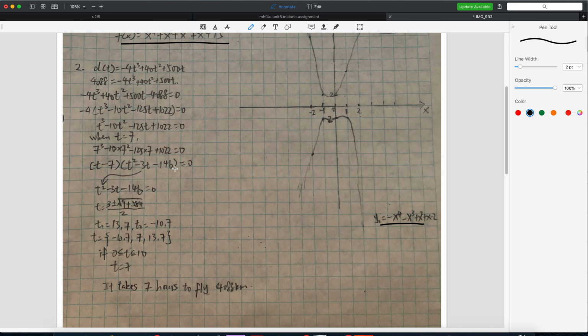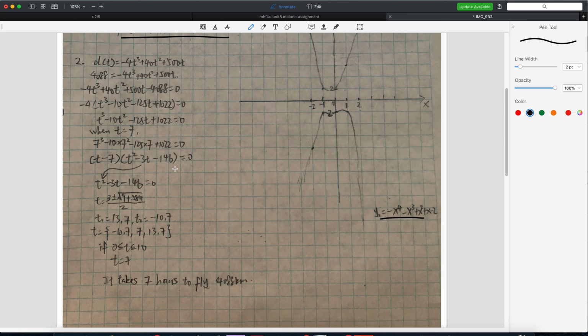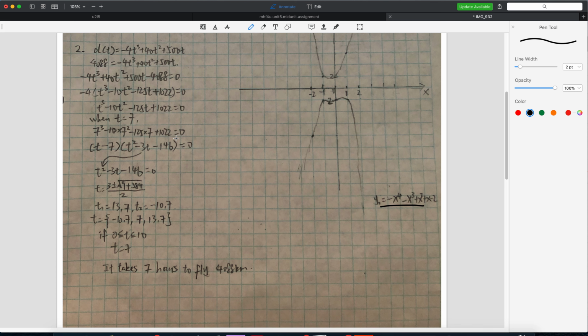So as you can see, after we put those parts on one side, we get this standard equation that we need to solve for T. So I tried that 7 is the right number for this equation to get 0 on the right side.